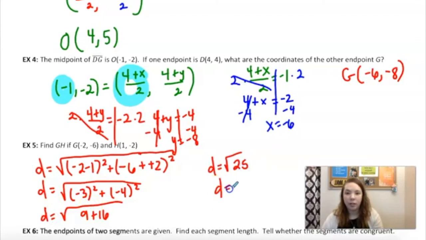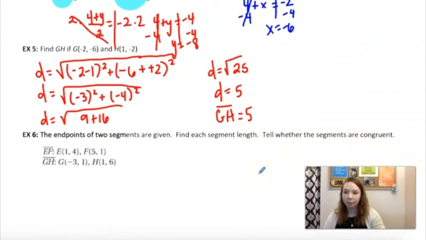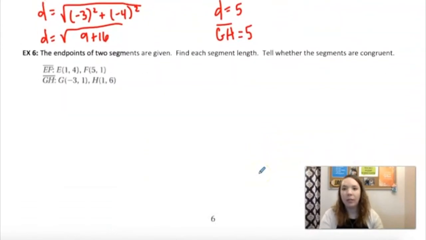So our distance is 5. So GH, this segment, has a length of 5. Technically, this is positive or negative 5 if you remember that from algebra, but we can't have a negative measurement, a negative distance.